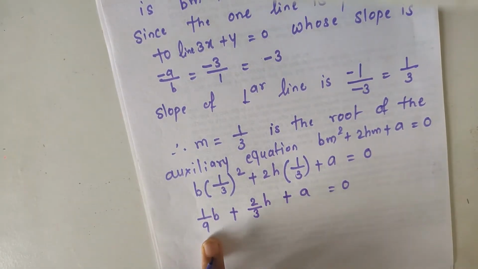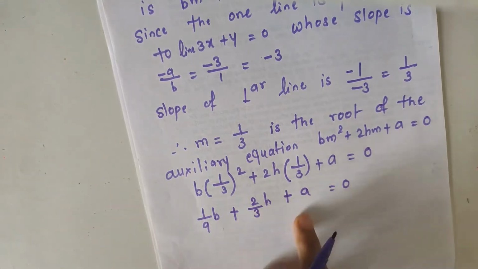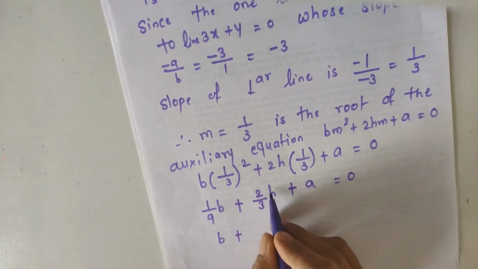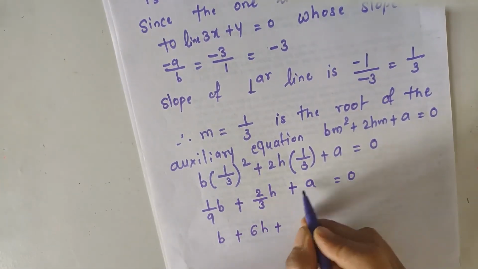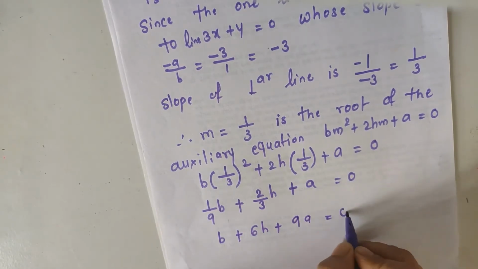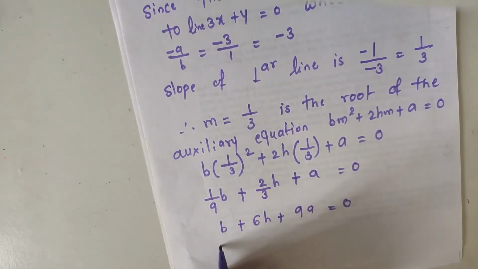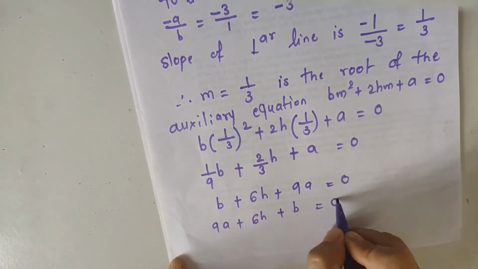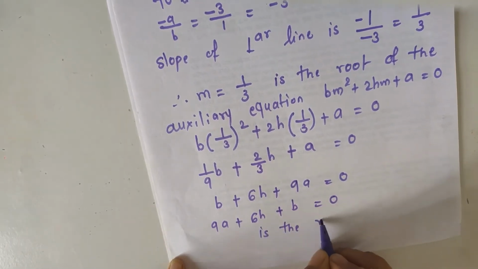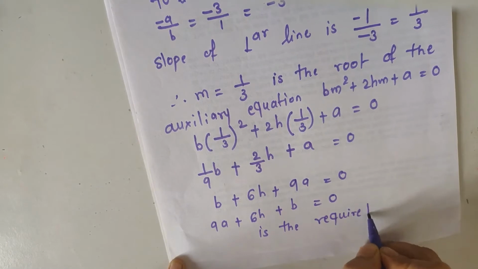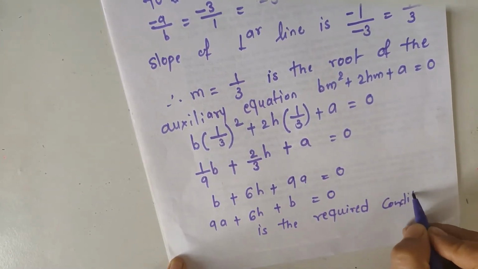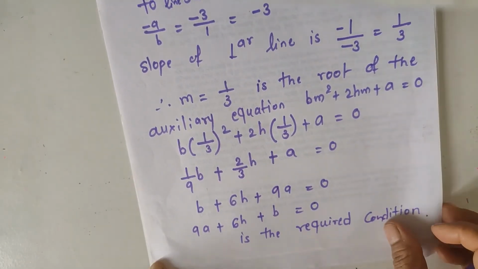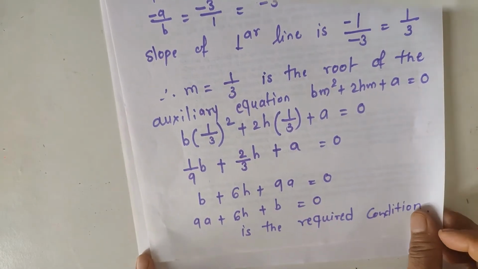Taking 9 as the LCM, we get b plus 6h plus 9a equal to 0, and in proper form, 9a plus 6h plus b equal to 0 is the required condition. So for this example, we use the auxiliary equation of a homogeneous equation of degree 2.